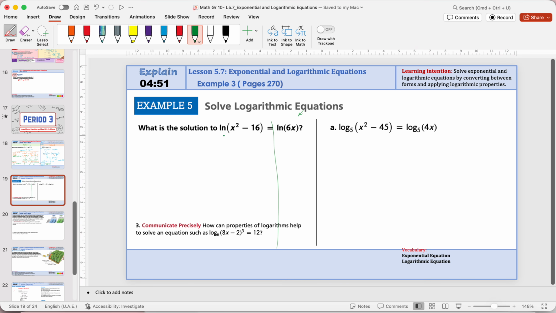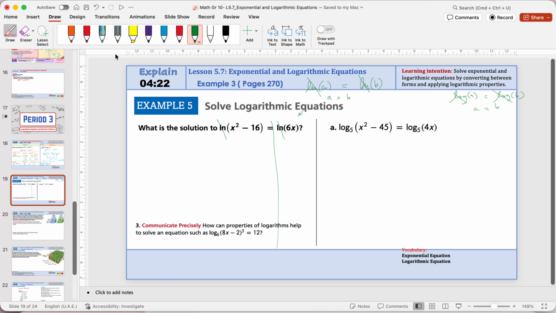Here, as you can see, I have ln of a term equals ln of another term. I can easily just cross out the lns because there's no number before or after, only ln a equals ln b. Then you can cross the lns and say a equals b. Or if you have log a equals log b, you can cross out the logs and say a equals b, and so on.